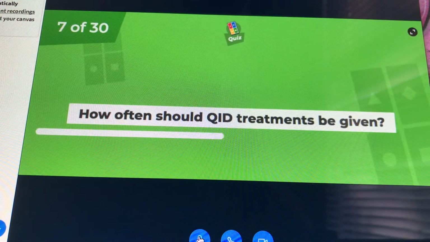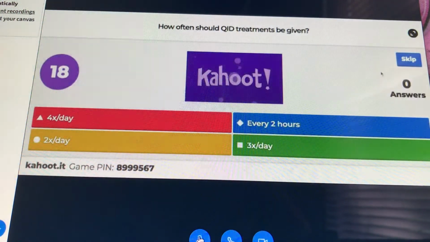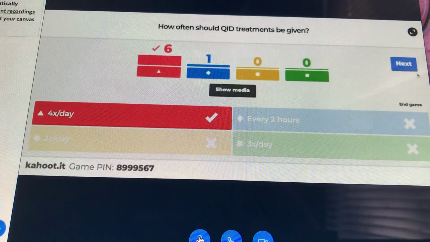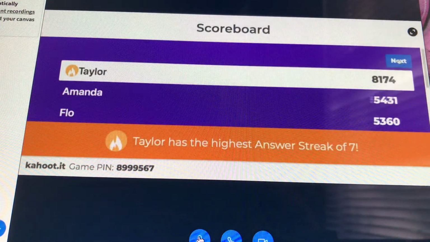How often should QID treatments be given? Good, that would be 4 times a day. Every 2 hours would be Q2, of course, and we've already gone over 2 times a day and 3 times a day.